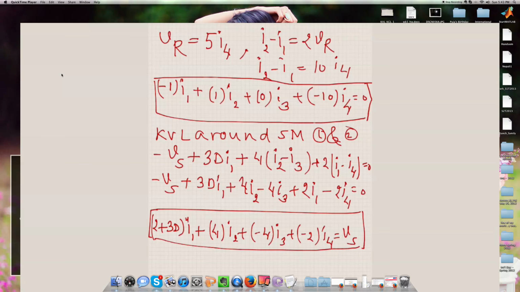Next, we notice that in mesh number 3, I3 is equal to IS, which we could express as nothing times I1 plus nothing times I2 plus 1 times I3 plus nothing times I4 equals IS.